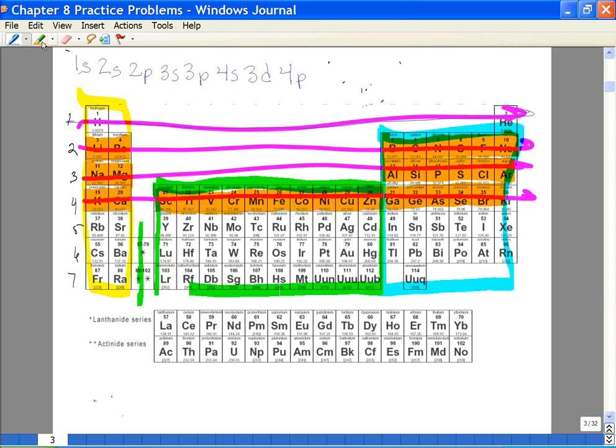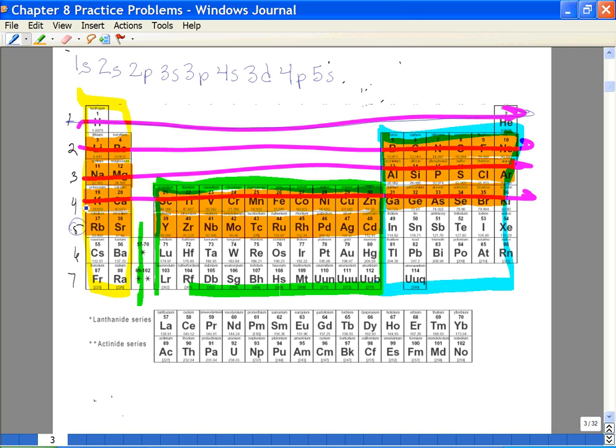So one more time, as we go to 5, we have our 5s. Going across here, as we continue across, these are the d electrons. They're not in period 5, they're actually in period 4. So whatever period you're in, the d electrons in that period, you subtract 1 from the period number.